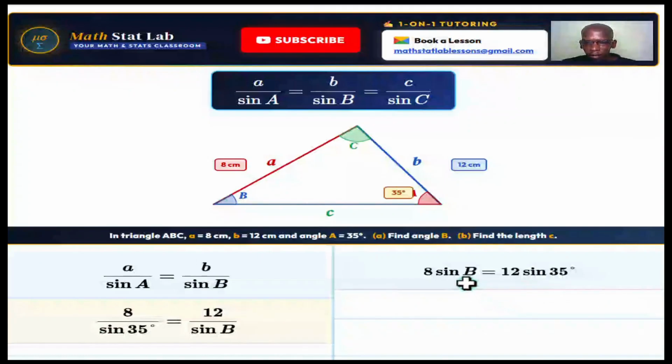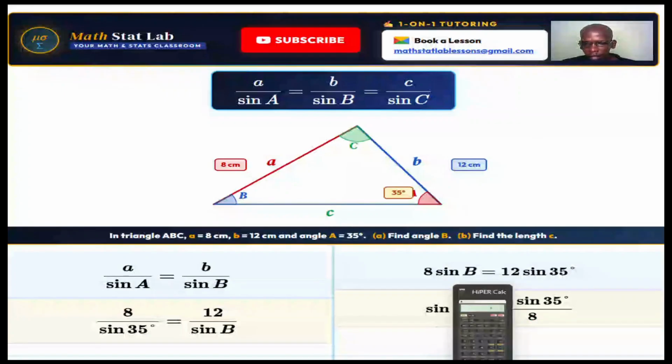Since I want the sine of B, sine of B is equivalent to 12 sine 35 divided by 8. We divide by 8 on both sides so that we can eliminate the 8 here. So the sine of B, we can get directly from the calculator: 12 sine of 35 divided by 8.